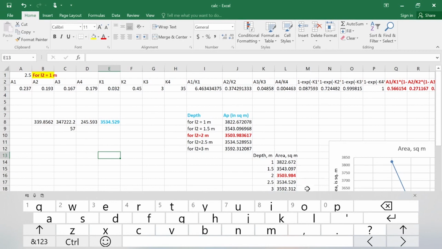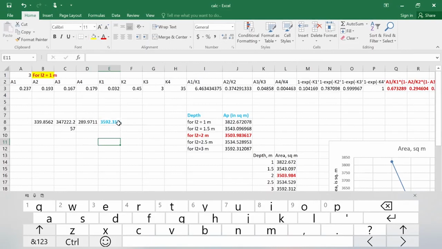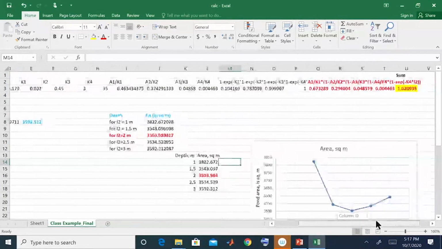Okay, and again we can change the value of L2 to 3. Let us take 3 here and see what happens. So we got a value of 3592.31 or so.